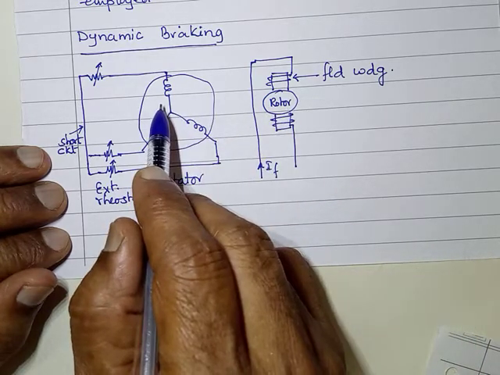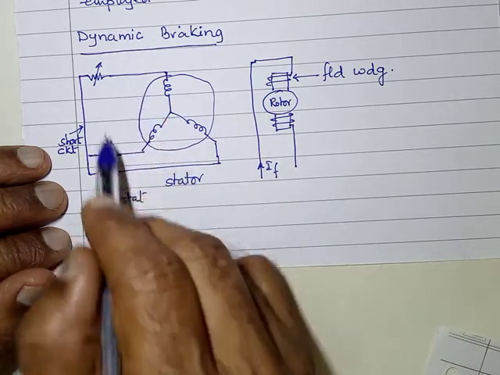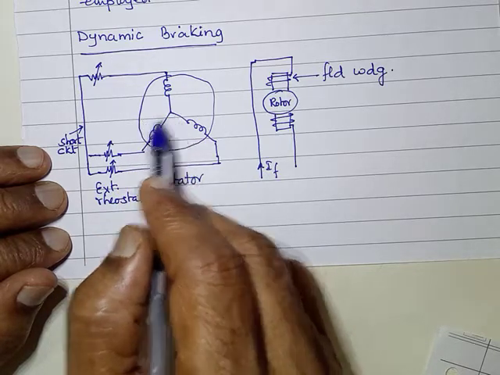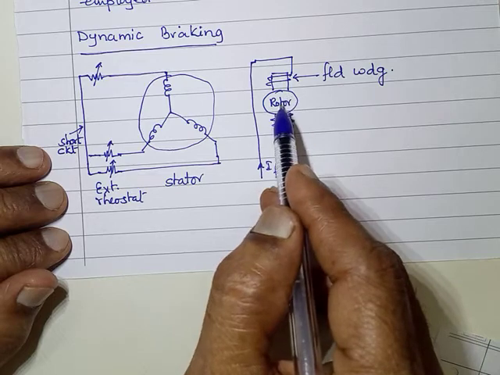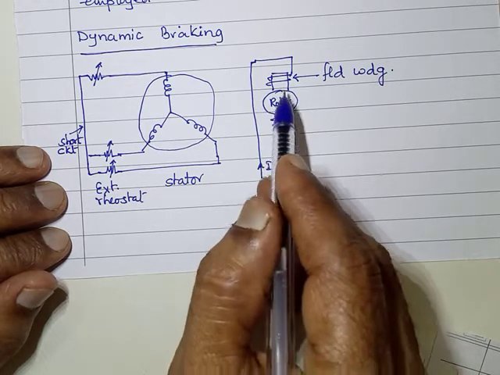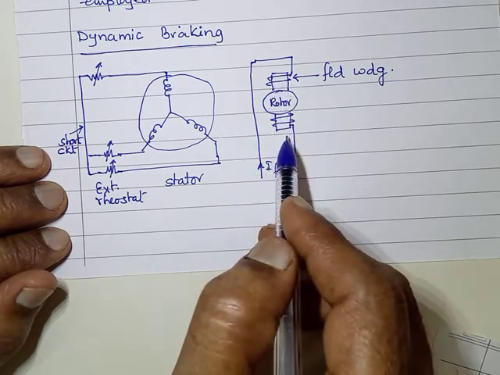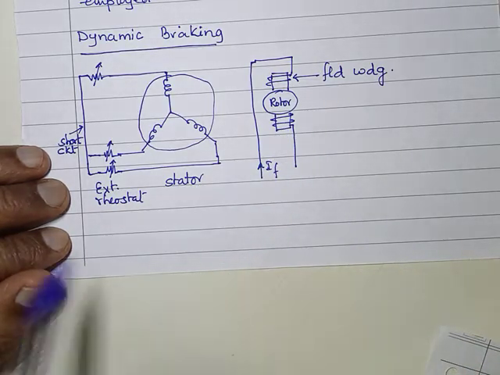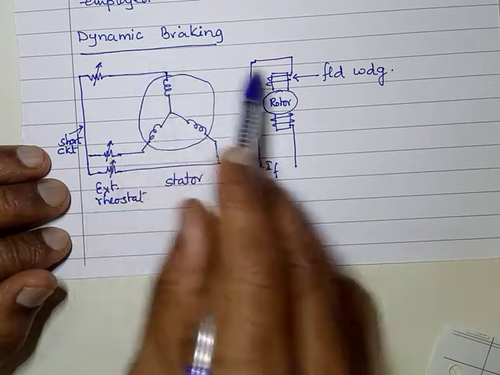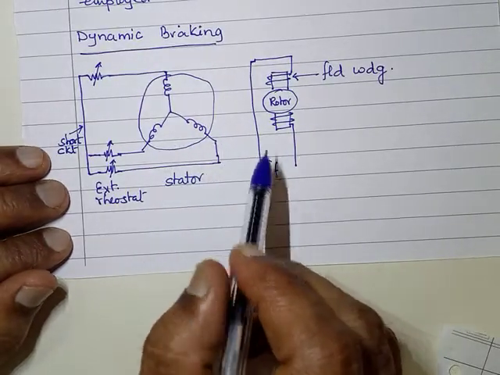That generation of electricity gives rise to loss. That power loss is drawn from the stored energy only. Hence, the energy stored becomes less, the speed becomes less. That is how we get the braking in the case of synchronous motor.